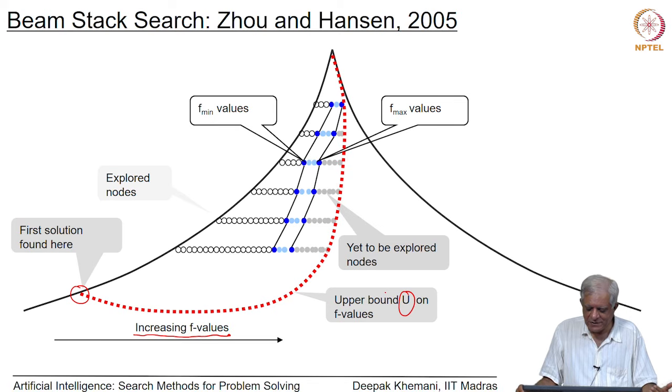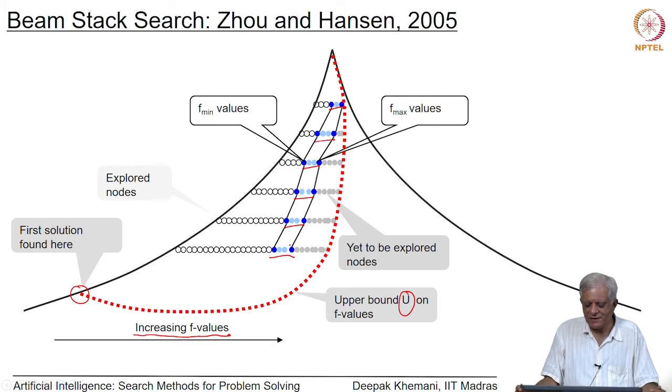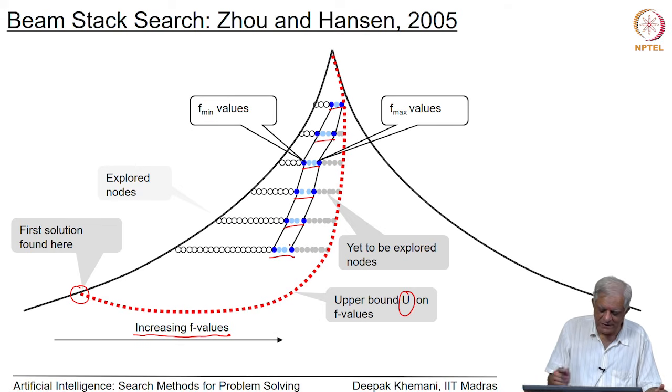this upper bound. So, in this you can see that I have drawn some nodes in a beam at different levels. So, these are the nodes which are actually stored in the memory. The rest of the nodes have either been visited and deleted, for example, the nodes which are on the left hand side, and the nodes which are gray on the right hand side have yet to be generated and explored essentially.